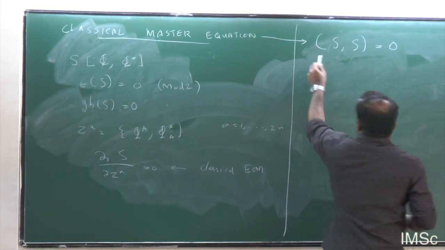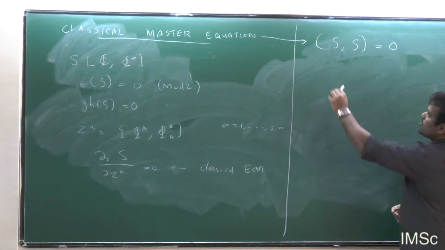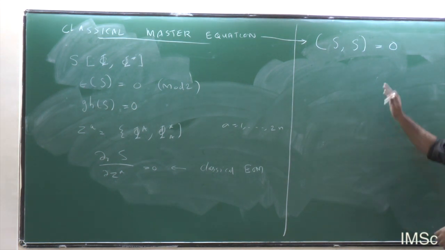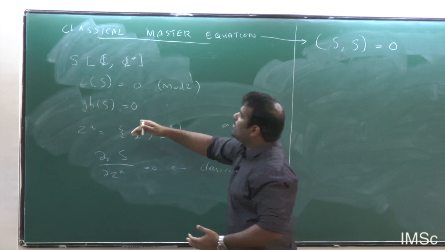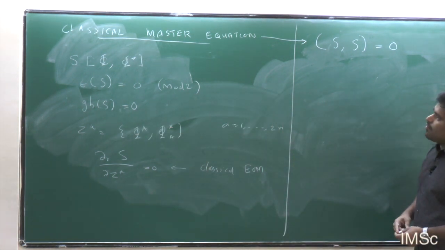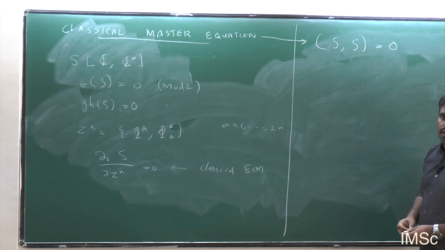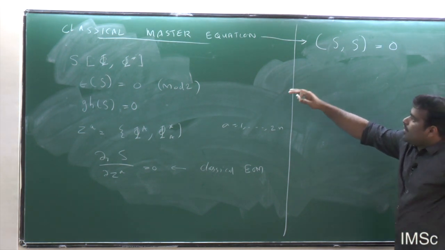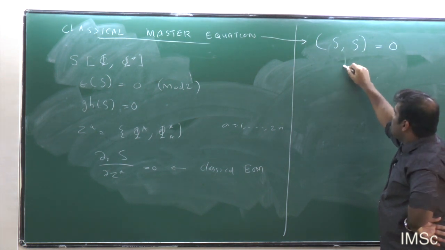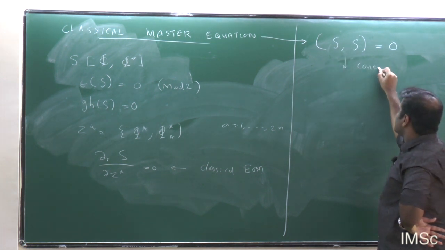And using the anti-bracket, you impose one more condition. We can impose this because we doubled the number of degrees of freedom, or the number of fields, in your theory. So you use that, demand an equation, and now we are going to study the consequences.